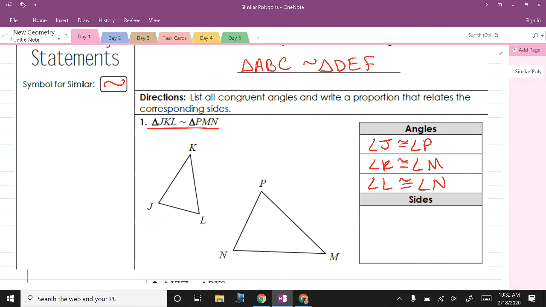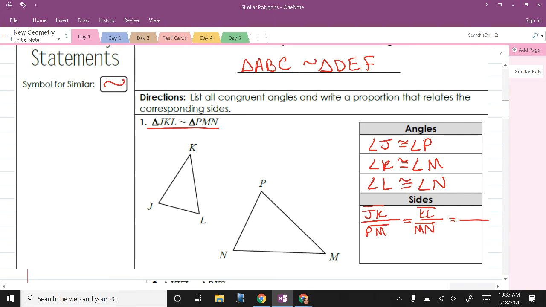Okay? So, also from the similarity statement, JK is proportional to what segment in the second triangle? PM. And they're proportional, so I'm going to write equal signs throughout. I'm going to have 3 fractions equal to each other. KL is proportional to what side? MN. Why do I have 2 M's there? It's supposed to be PM on the bottom, isn't it? Sorry, y'all.